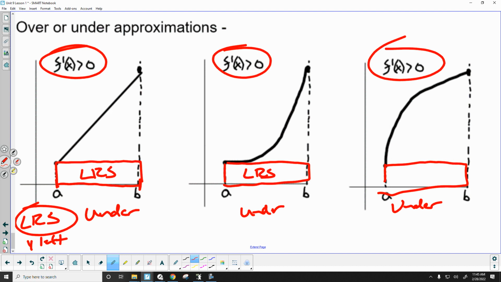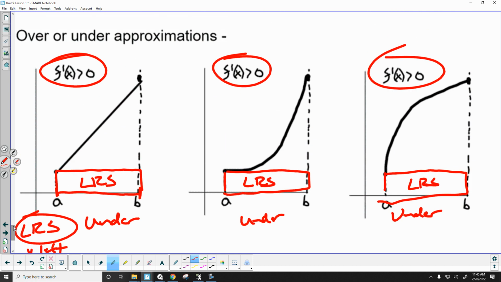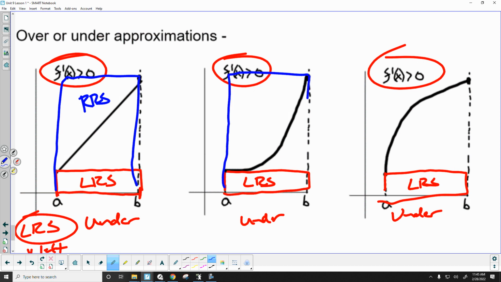Well, what about a right Riemann sum? If your function is increasing, regardless of the concavity, the y-coordinate on the right has got to be the biggest one. So it's going to be an over approximation. What about a trapezoid?